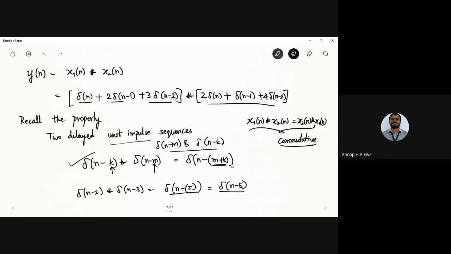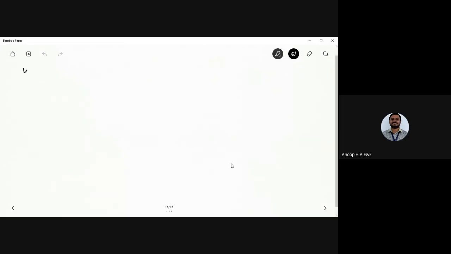Okay, so let me go step by step to make you understand, as this is the first problem, y of n. So you have y of n, where you will generally have delta of n convoluted with 2 delta of n. Okay, so next you are going to have plus delta of n convoluted with delta of n minus 1 plus delta of n convoluted with 4 delta of n minus 2.